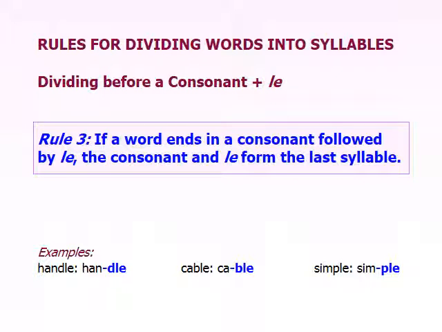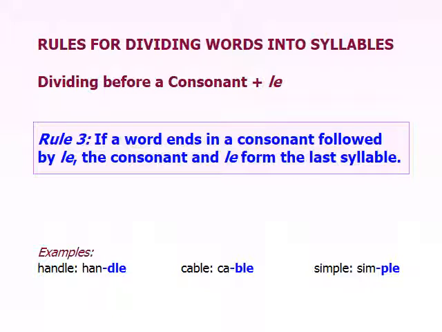Rule number 3 says that if a word ends in a consonant followed by LE, the consonant and LE form the last syllable. You may remember that in class I mentioned that L is kind of a little funny letter. It is a consonant, but it has sort of vowel-like qualities in it.